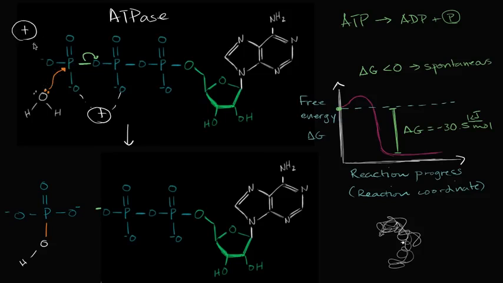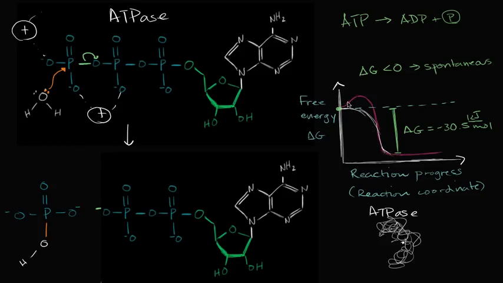So it might have a positive ion here. And remember, if we think in 3 dimensions, this thing is all wrapped around in different ways around the ATP molecule. So this is the ATPase. And by having the enzyme over here, you're lowering the activation energy, and so it might actually look something more like this. And so the reaction can actually occur.